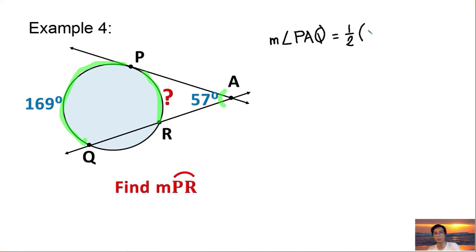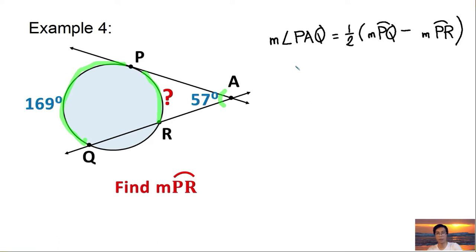So, measure of arc PQ minus the measure of arc PR. Maliwanag? Now, magkakaiba lang tayo dun sa pagsasubstitute. Dito kasi binigay na yung angle. Tapos yung isang arc. Nawawala yung isang arc. So, si PAQ, angle PAQ, binigay na yung sukat. So, isubstitute natin yung mga binigay.